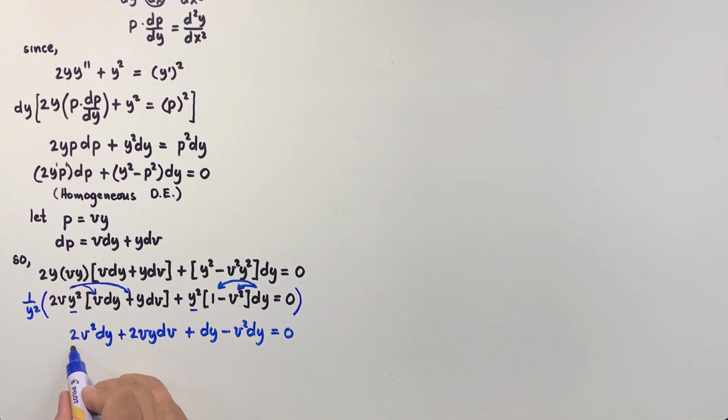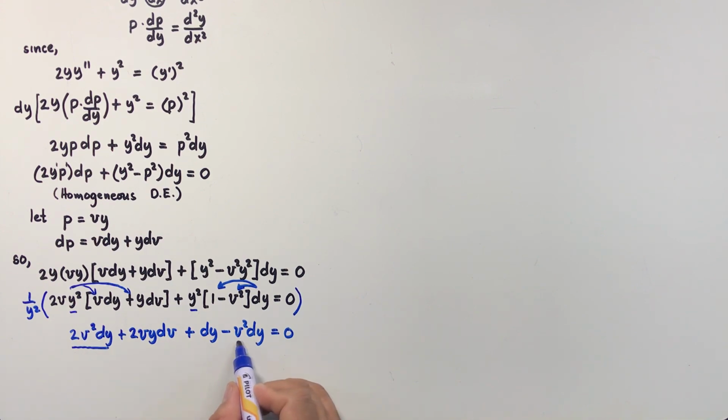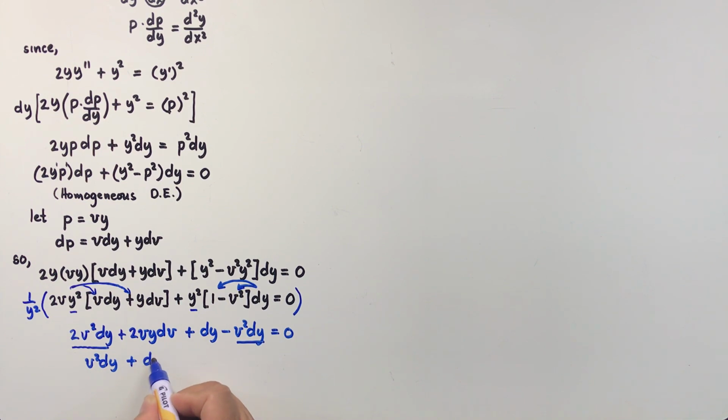So combining similar terms, this one and this one here, we have 2 minus 1, so we have 1 v squared dy plus dy, this term, plus this 2vy dv, which is equal to 0.